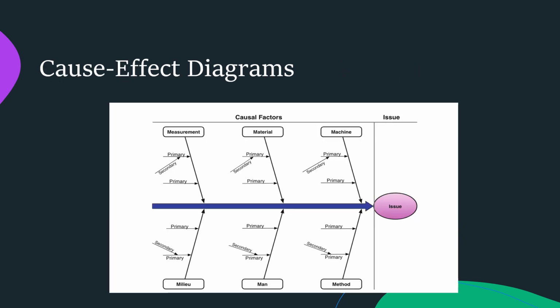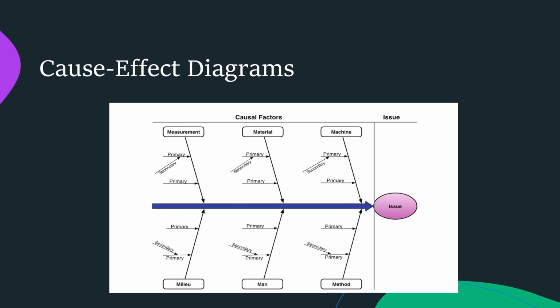First one is the cause effect diagrams. These diagrams are used to visually map out the relationship between a specific problem and its potential causes. They help in organizing and categorizing possible causes into structured categories. This method is particularly useful during brainstorming sessions when multiple stakeholders contribute ideas.